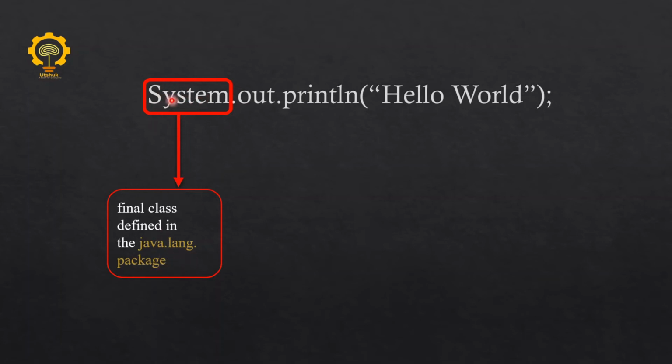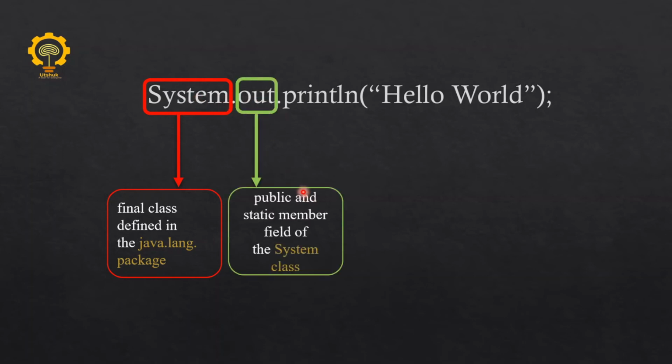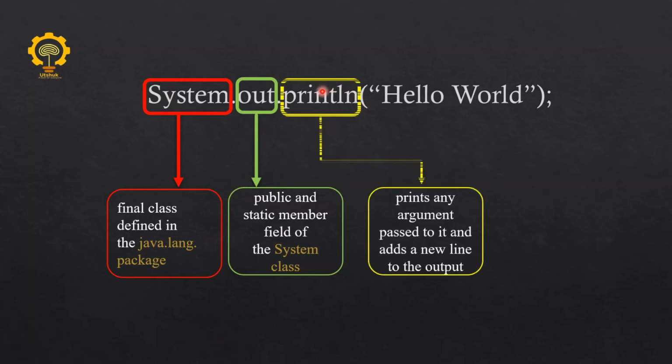This is the class provided by Java, and within that class there is a public and static member field of the System class. This out is the static member defined within the System class. And println simply prints whatever we pass here to the console. It prints any argument passed to it and adds a new line to the output. Println refers to print in new line.